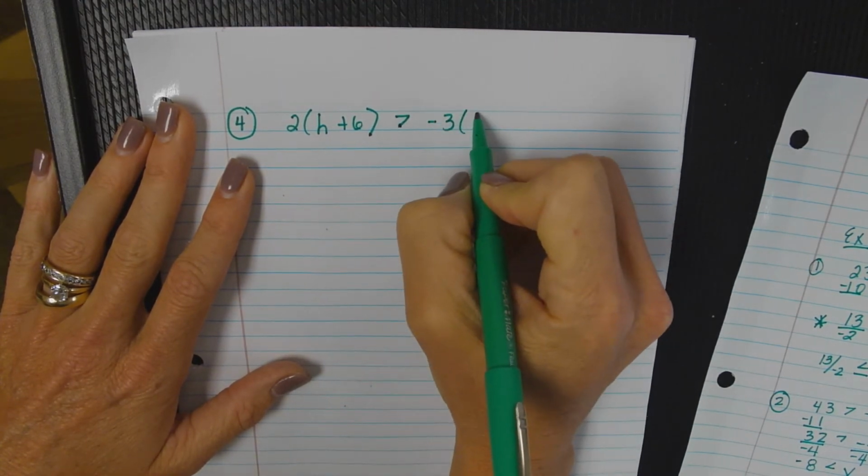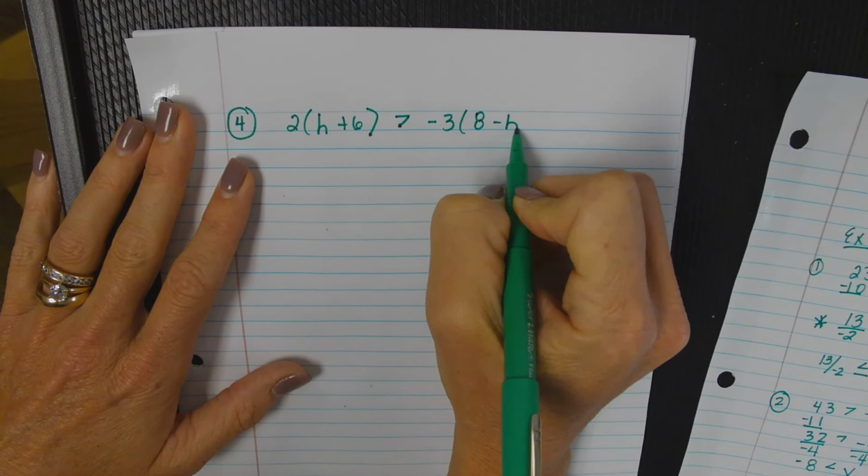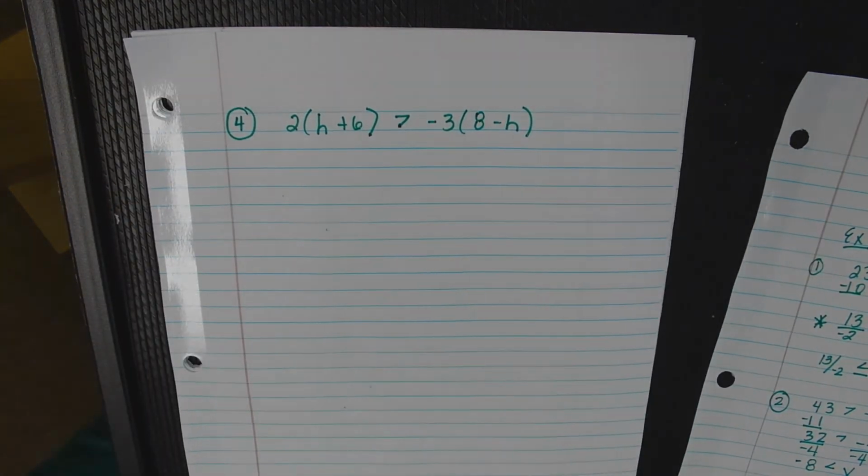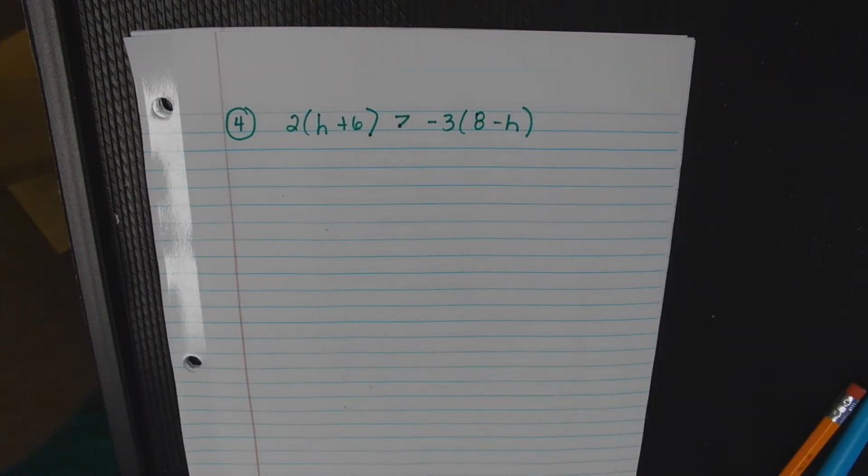Oh, we got 2 sets. Yeah. All right, do that one by yourself. Distribute both numbers. You can do this. Yes, you can.